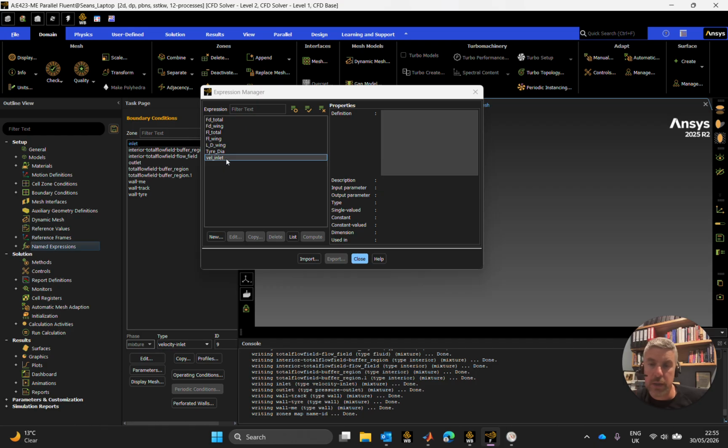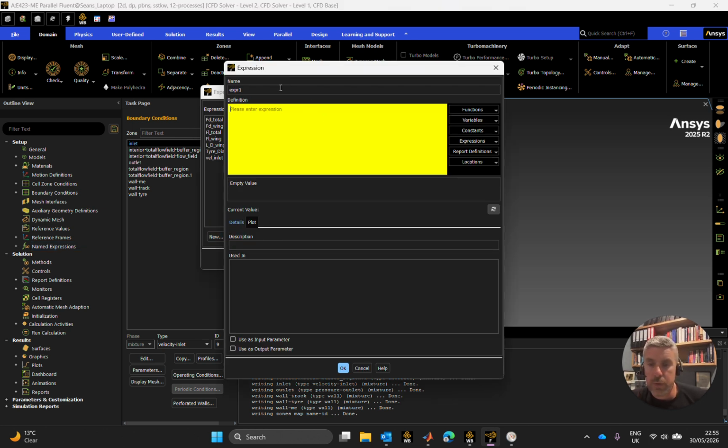Okay. Now, once I know the tire diameter, I'll know the tire radius, and I know the free stream velocity, the velocity at the inlet, so I should be able to calculate the linear velocity of that tire at a certain radius, given we have no wheel slip, say, wheel spin. So let's go for new, and let's go for omega tire.